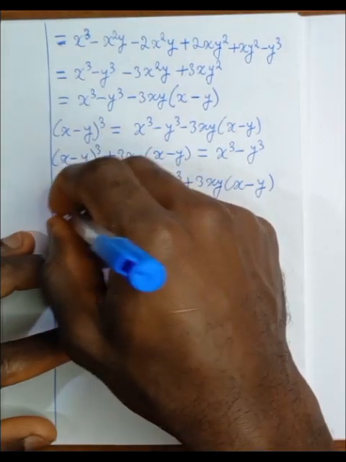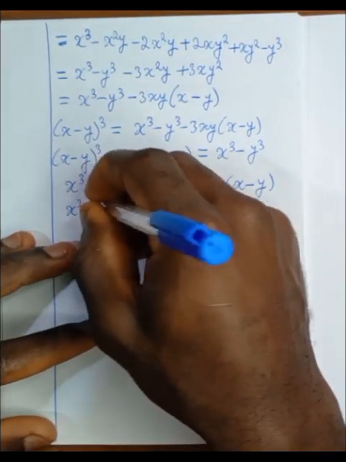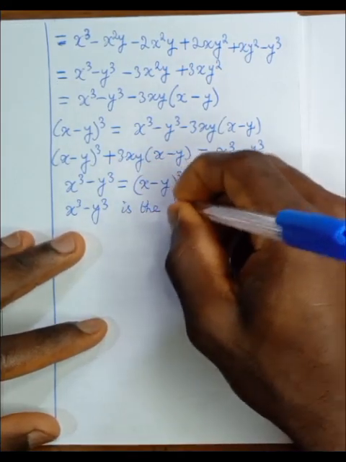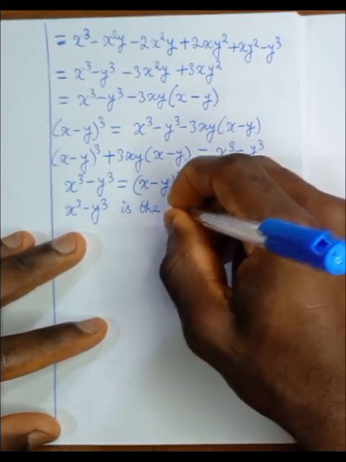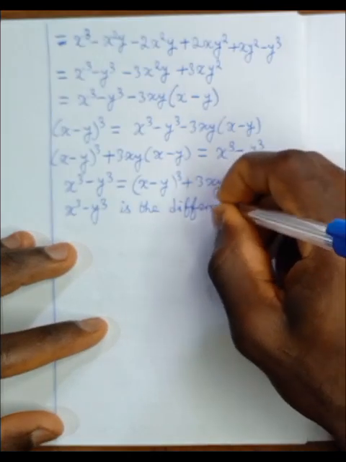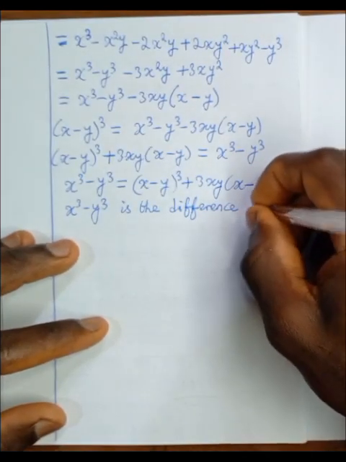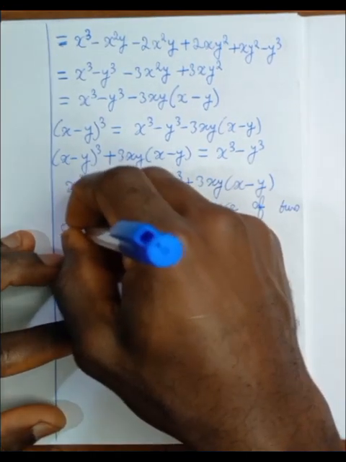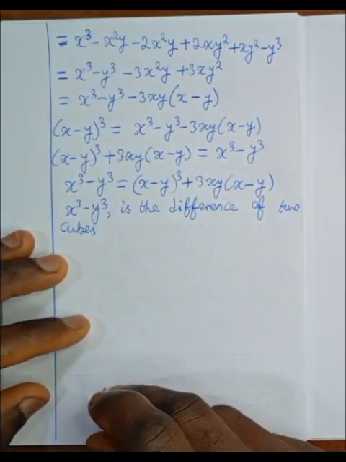X cubed minus y cubed is the difference of two cubes. You can see we are subtracting them.